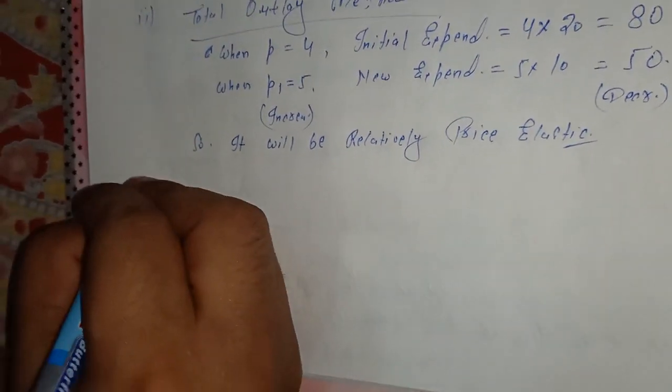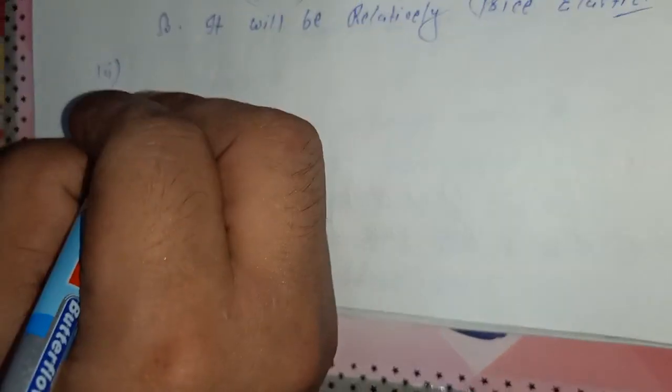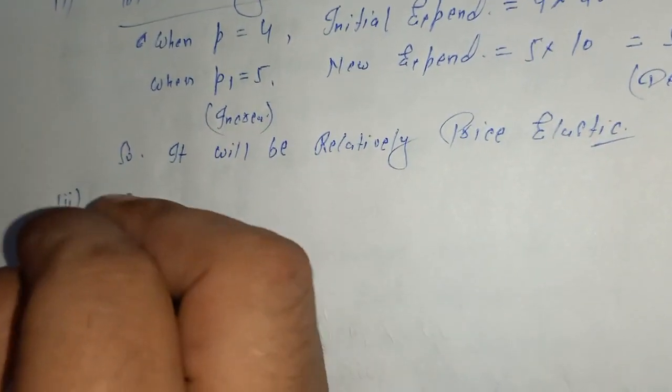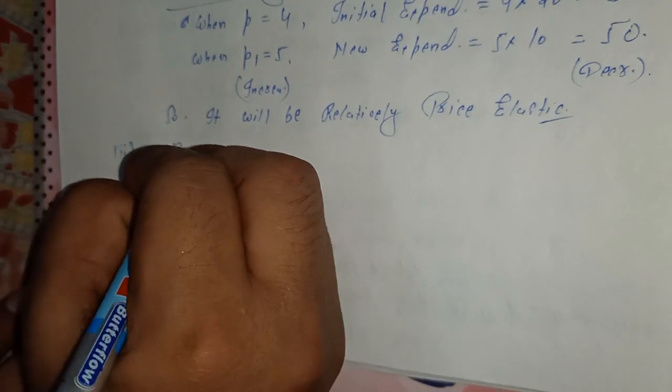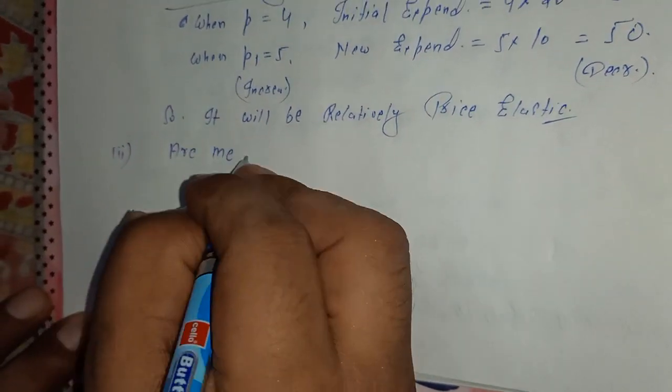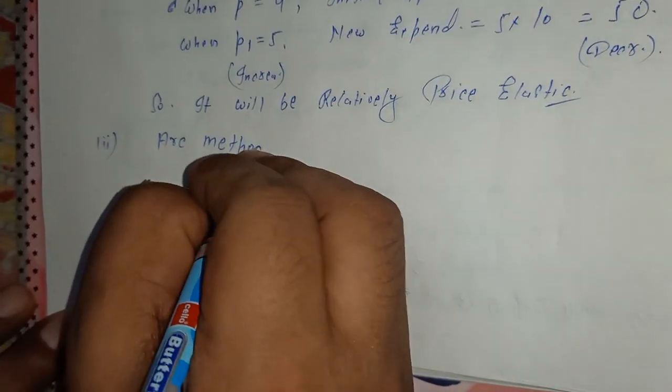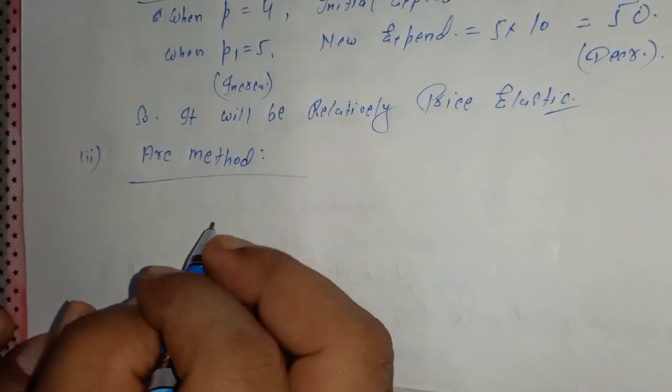Now come to the third one. The third one is the ARC method.